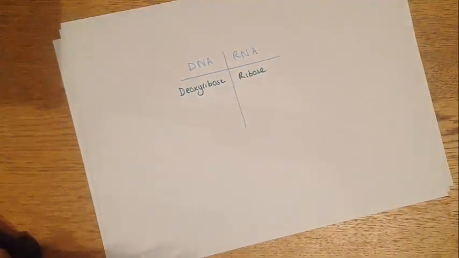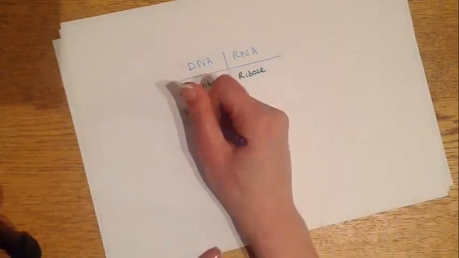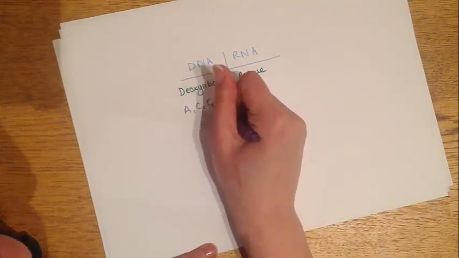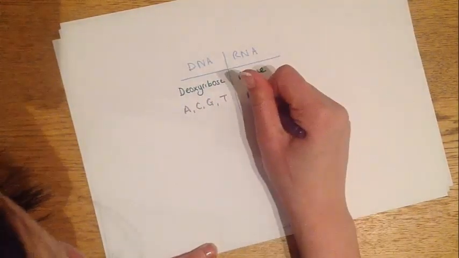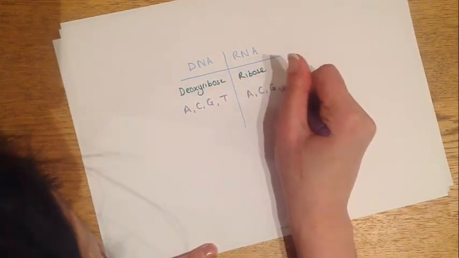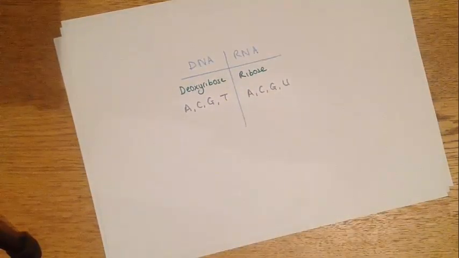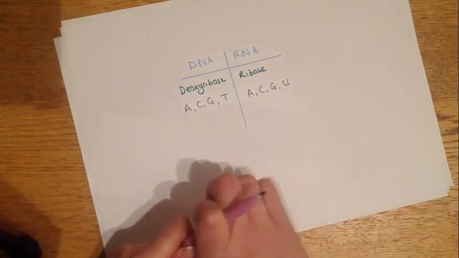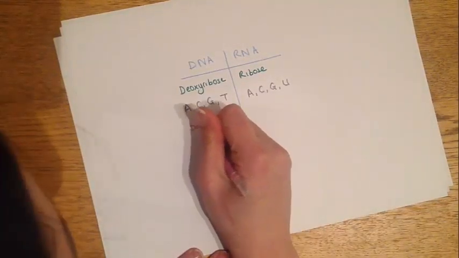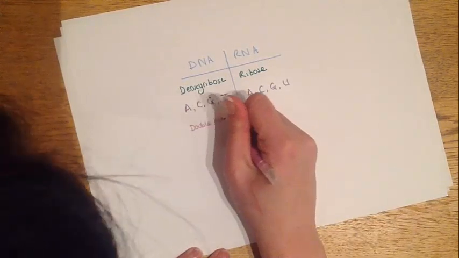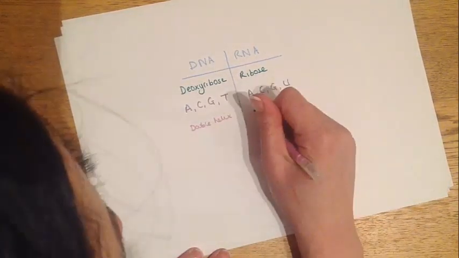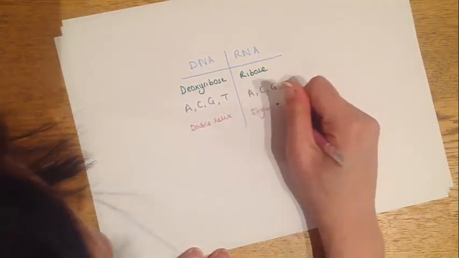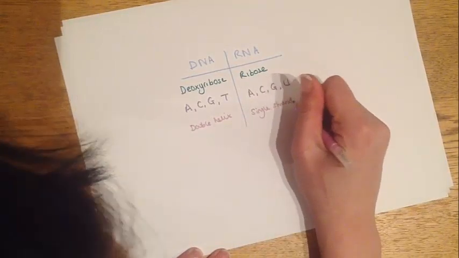The next thing is the bases. Remember, there are 4 bases in DNA, A, C, G and T. But in RNA, we've got A, C, G and U. And the other main difference between them, structural difference this time, is the fact that DNA is a double helix, or has 2 strands, whereas RNA is always going to be single-stranded.